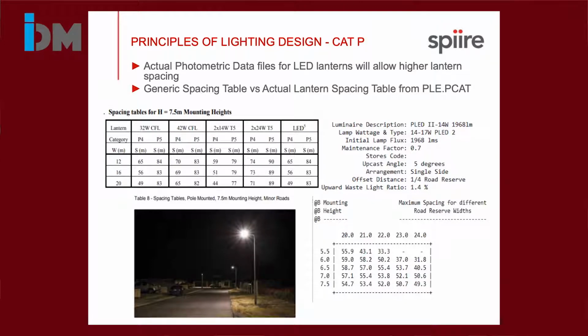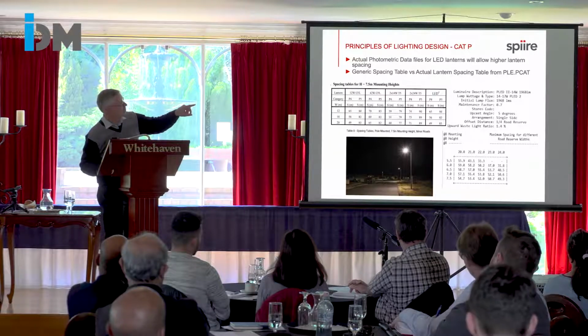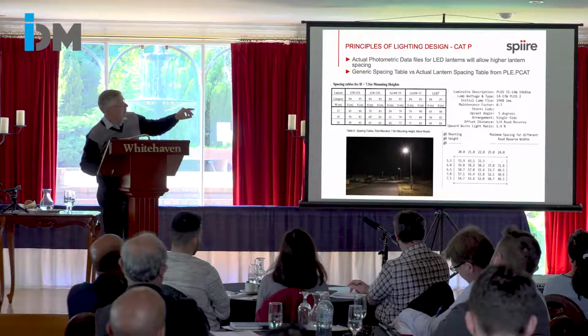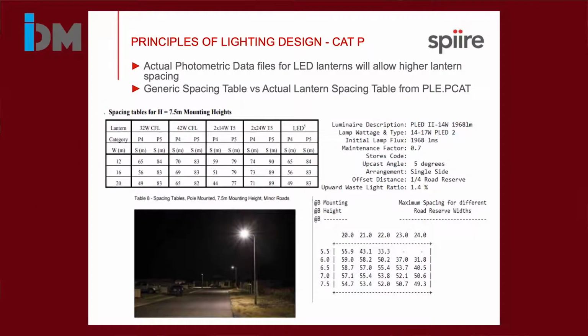On the right here, this is actually from PCAT, which is a program that comes with Perfect Light software. In this case here, I've put in the photometric data for a P LED2 Sylvania lantern. It has 1968 lumen output. It's a 17 watt total output.